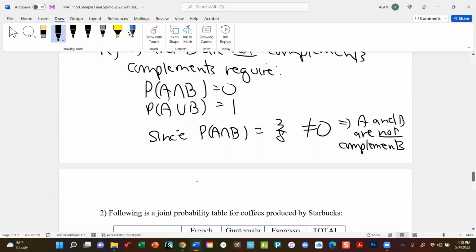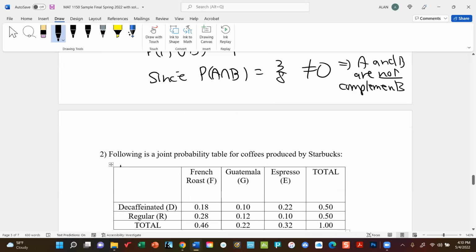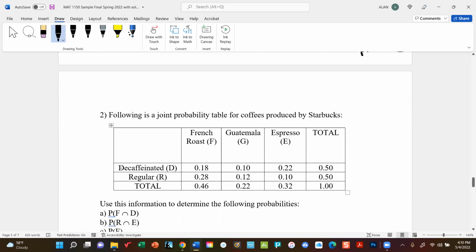Okay, now the next question is very similar to this one, except for the way the information is expressed. Instead of conducting an experiment, we have, in this case, a bunch of coffee. So we go to a Starbucks, and let's say this store only has French roast, Guatemala, and espresso. And of course, they're all either decaf or regular. So if I randomly pick a bag off the shelf, the chances of it being decaf French roast are right here in the intersection of F for French roast and D for decaf.